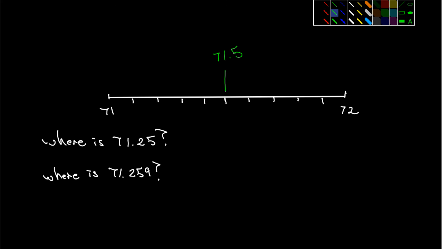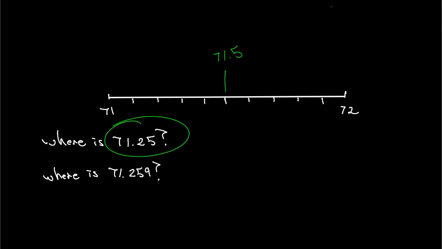So here's my question. Where is 71.25? Where is 71.25? I see a few hands up. Okay. So here's what I'm going to do. Watch what I do. I'm going to make this, cut this out and make it larger.